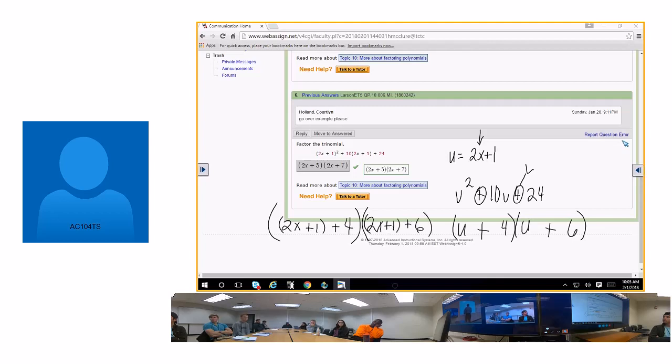And now you're in pre-algebra mode, and that's going to give you 2x plus what? 5. Plus 5, Hubert. And 2x plus what? 7. There you go. And that's your answer.